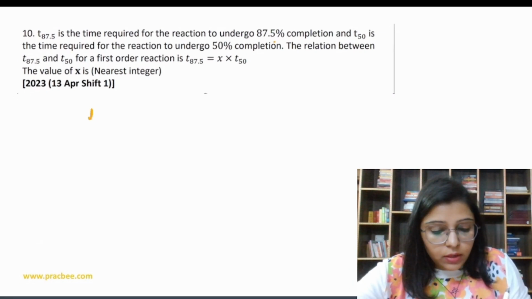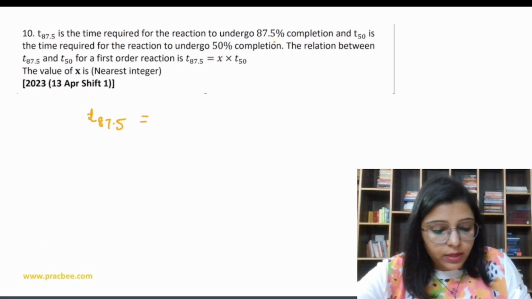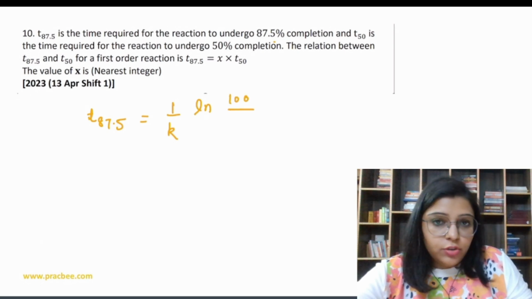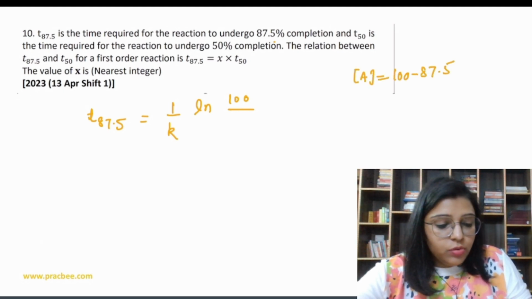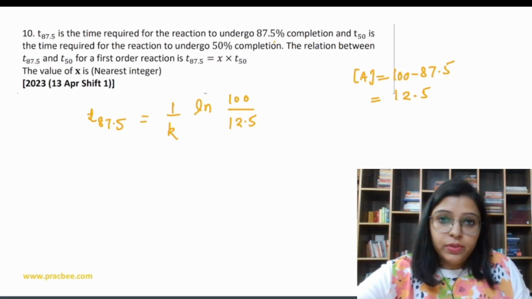See, T87.5 is 1 by K ln initial concentration 100, and final concentration is going to be 100 minus 87.5, so 100 minus 87.5 is equal to 12.5. So this is equation 1.